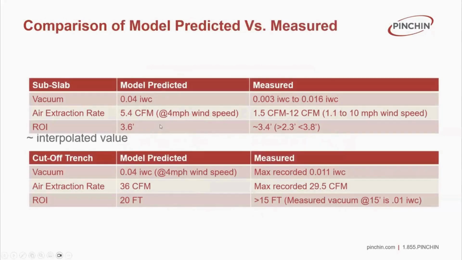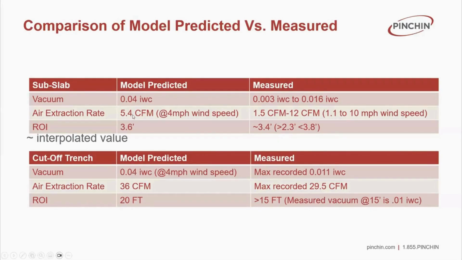Then we compared the model predictions to the actual measurements after installation. This is for the existing subslab. The model had predicted 0.04 inches of vacuum, and we measured anywhere from 0.003 to 0.016 inches of water column vacuum.